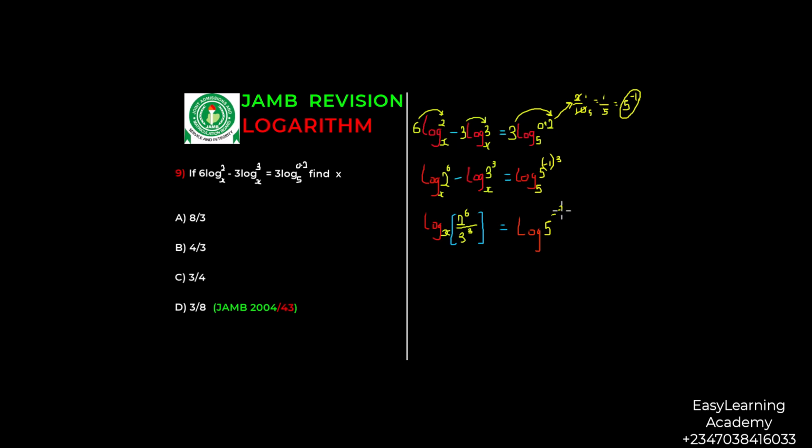Log 5 to the power of minus 3, and of course the base is still base 5. Cool, we're making progress, are we not? Yes, we are. All right, so let's work on this still left hand side, and working on the left hand side we can have it as log x.